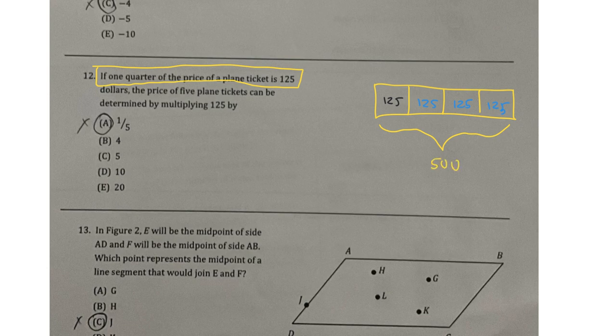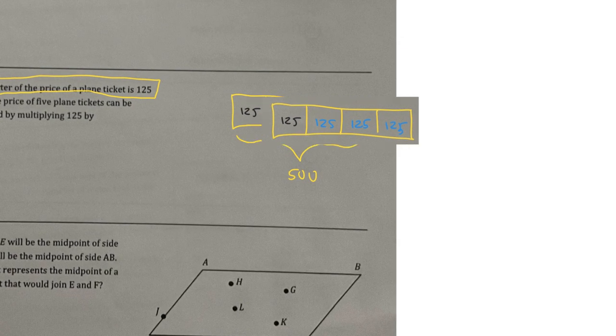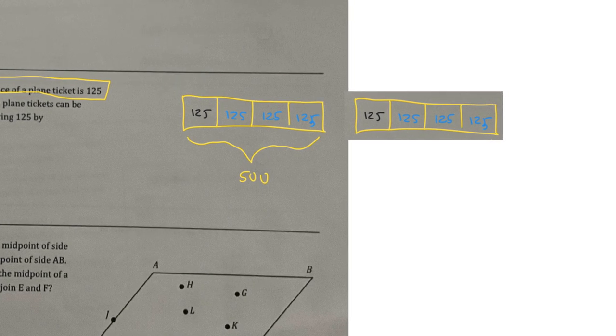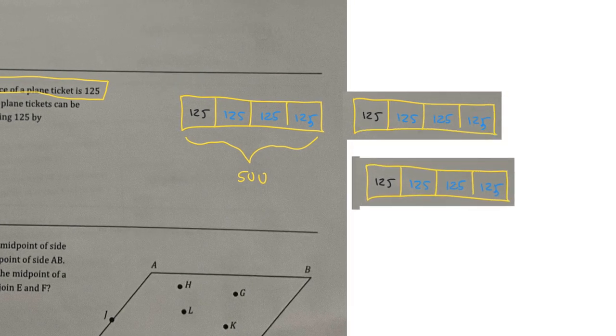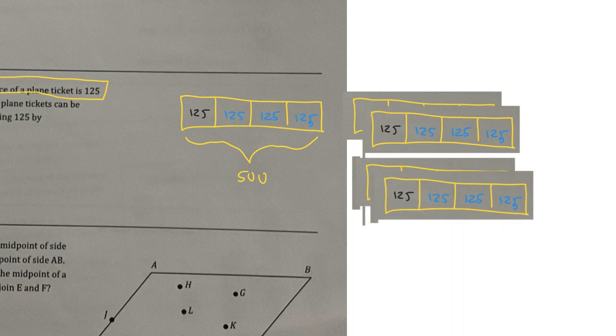500. Now, then they ask, the price of 5 of these would be a matter of multiplying 125 by what number? Well, I think my student recognizes that that would be a matter of taking into account literally 5 of these, right? And if you sort of think about it, that's going to be all of these.